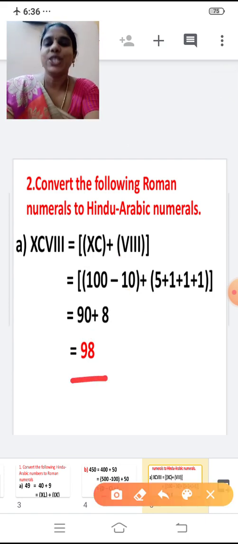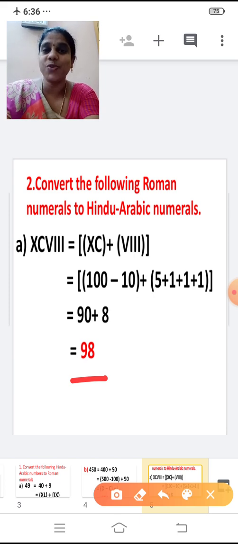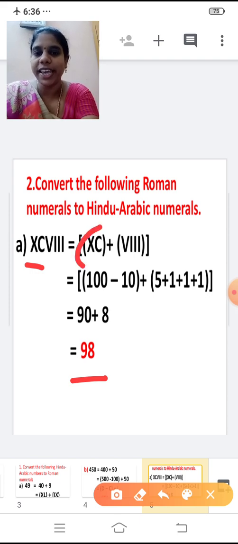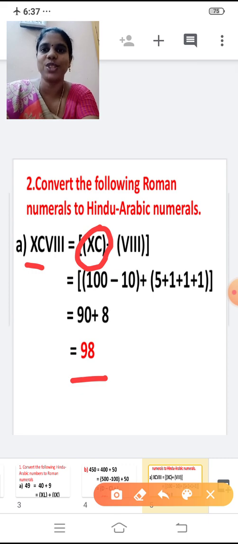98. Very good. So if there are two or more symbols, what do you have to do? You have to add. And when the smaller one is placed before the larger one, you are going to subtract, right? So I am taking XC separately, because X is smaller than C. So C minus X, 100 minus 10, plus VIII.